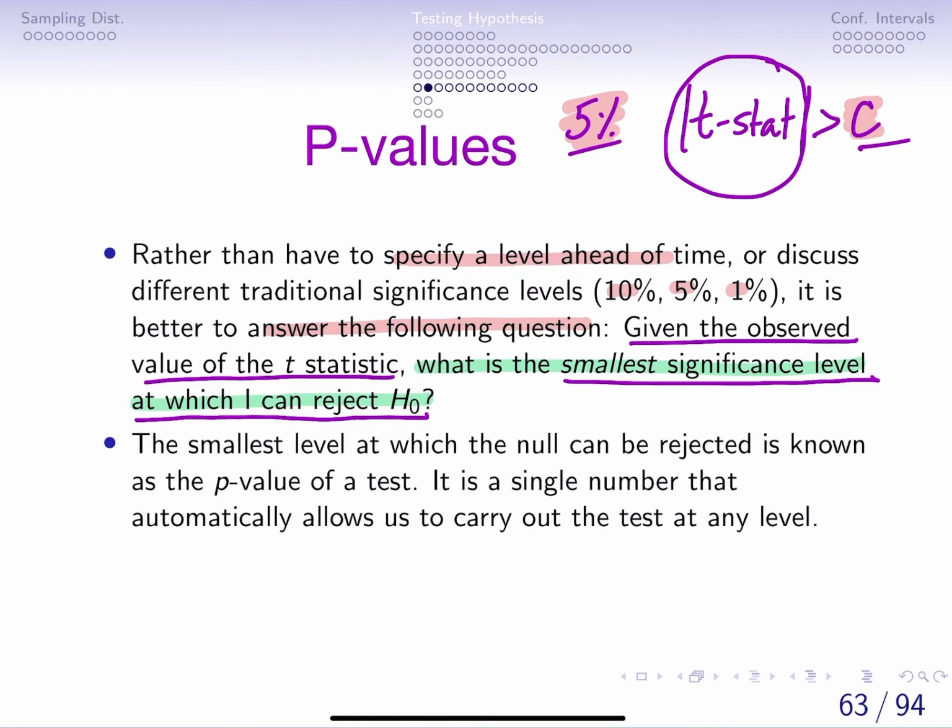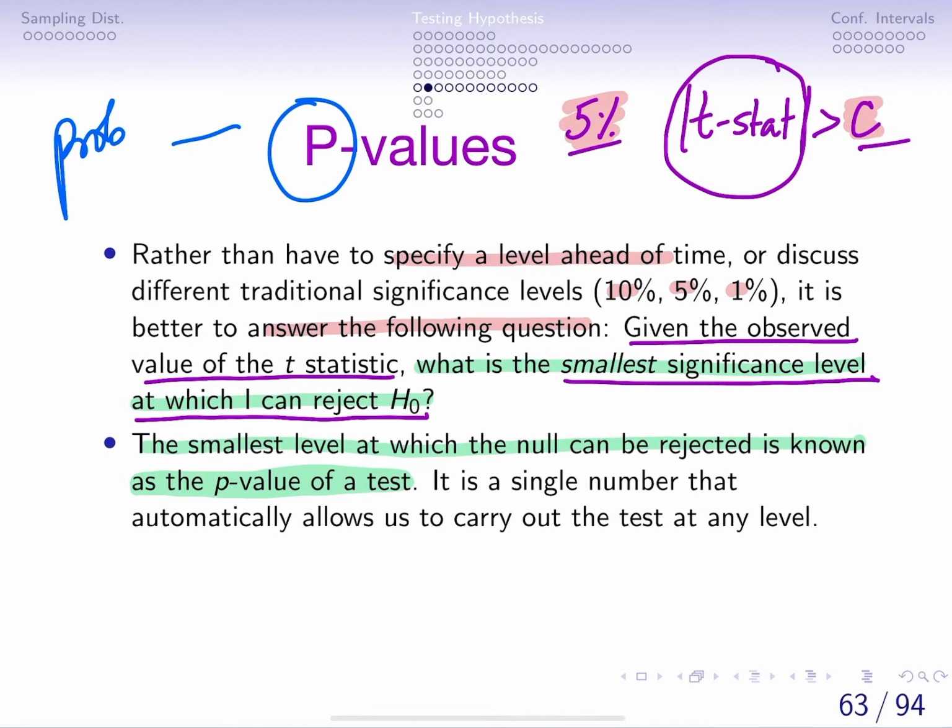The smallest significance level at which the null can be rejected is known as the p-value of a test. And we'll see what that means. The p-value is really a probability that we are measuring. It is a single number lying between 0 and 1 that allows us to carry out the test at any level.